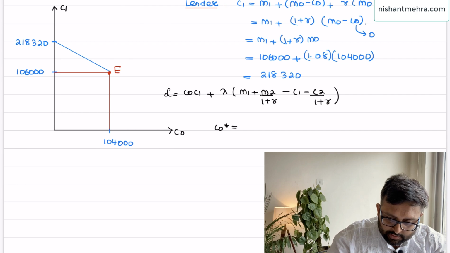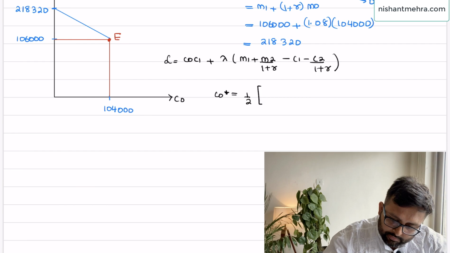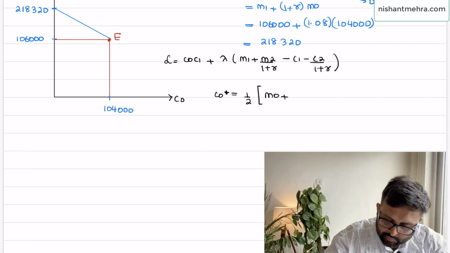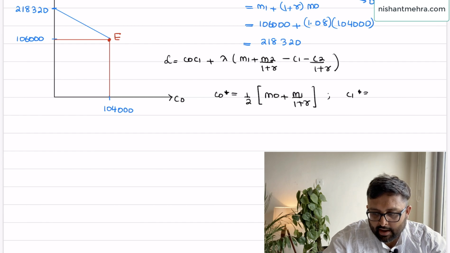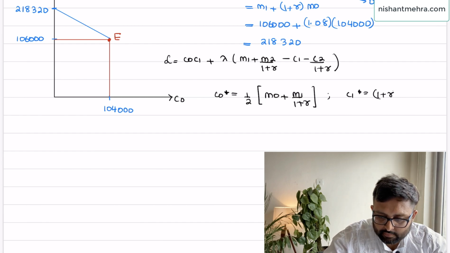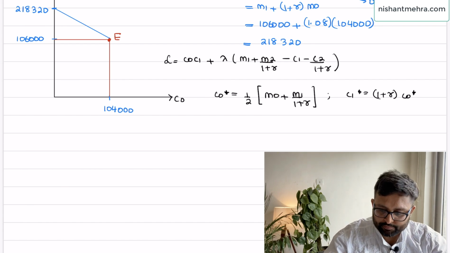Your C0 star is going to be half of m naught plus m1 upon 1 plus r, and c1 star is 1 plus r times c naught star. This you have done already in part 1.